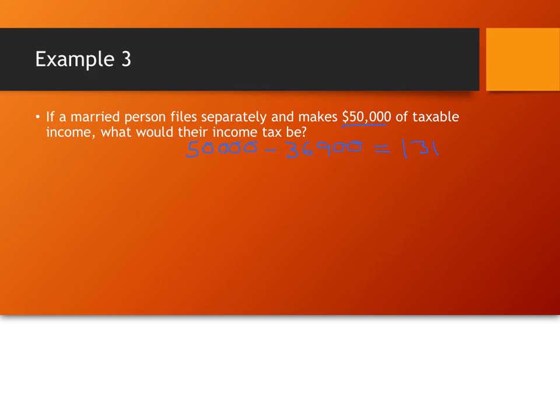That's still 13,100 above 36,900. Okay? So what the tax tells me to do is take $5,081.25 and add on 25% of the excess above 36,900. So that's what my 13,100 is. Now, this all should be very familiar right now.